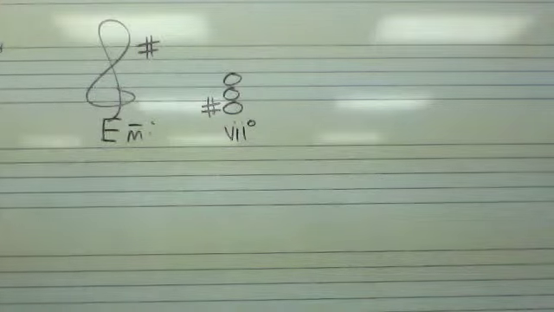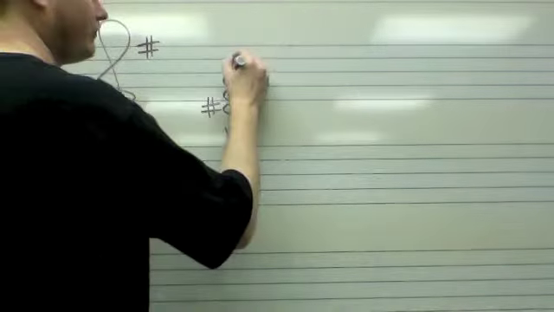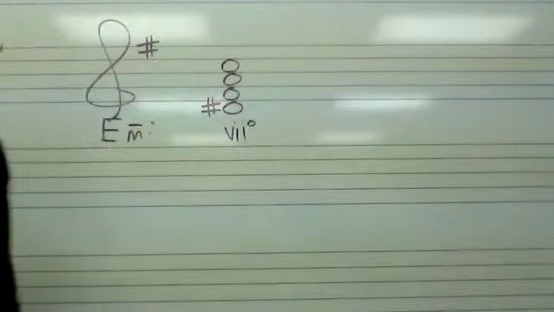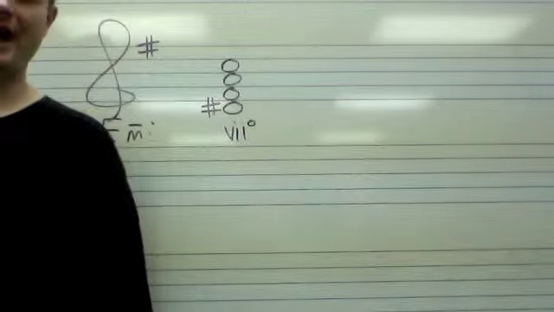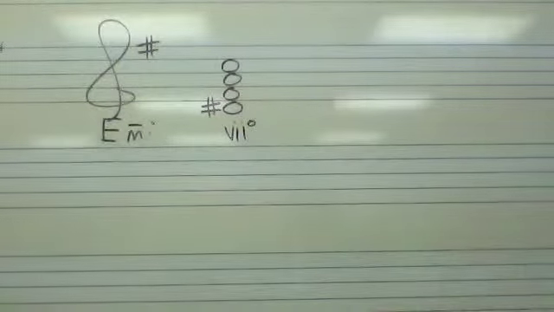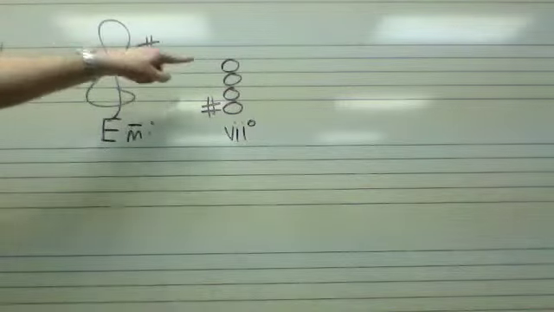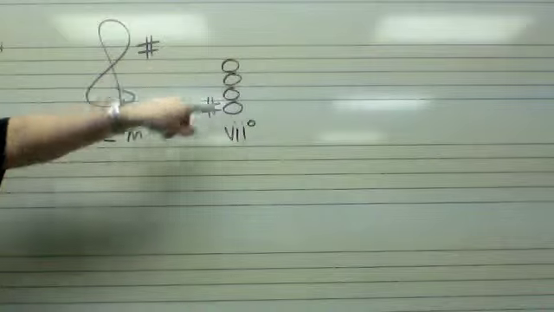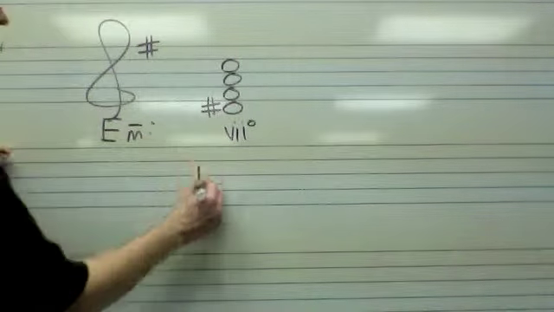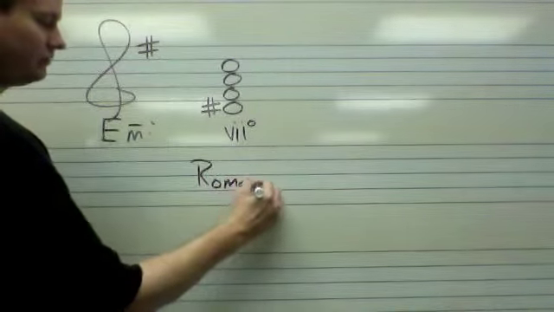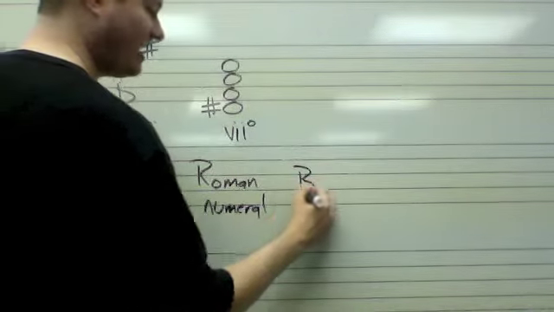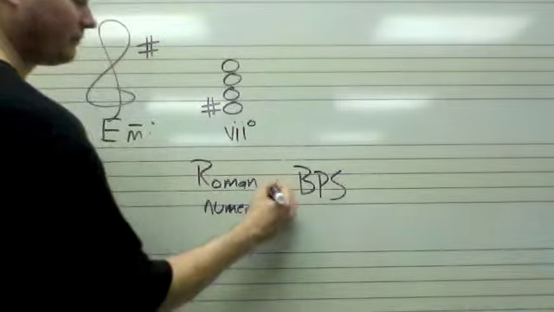Okay. Now, what if it's a seventh chord? If I put that C there, and now all of a sudden this is a diminished seventh chord. Now we have to add another type of analysis because there's no way to indicate that seventh using Roman numerals. We can indicate the seventh using a combination of Roman numeral analysis and base position symbols.